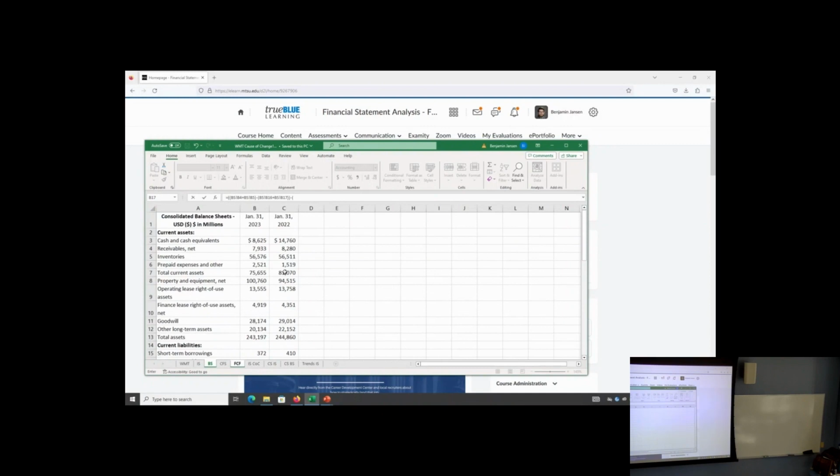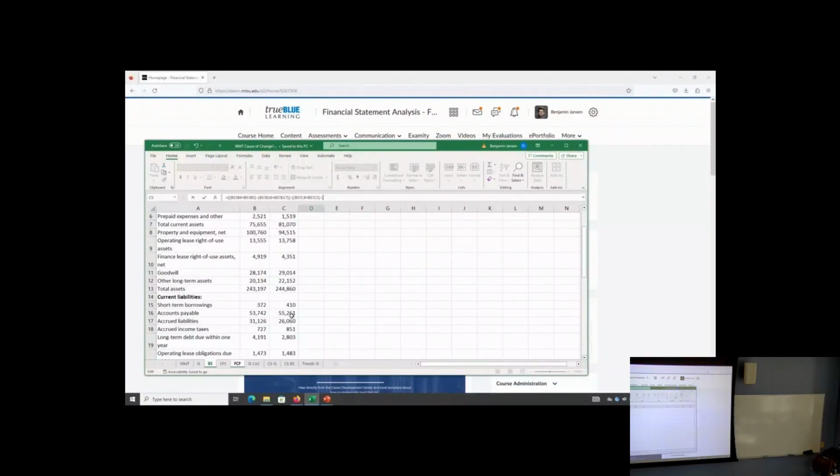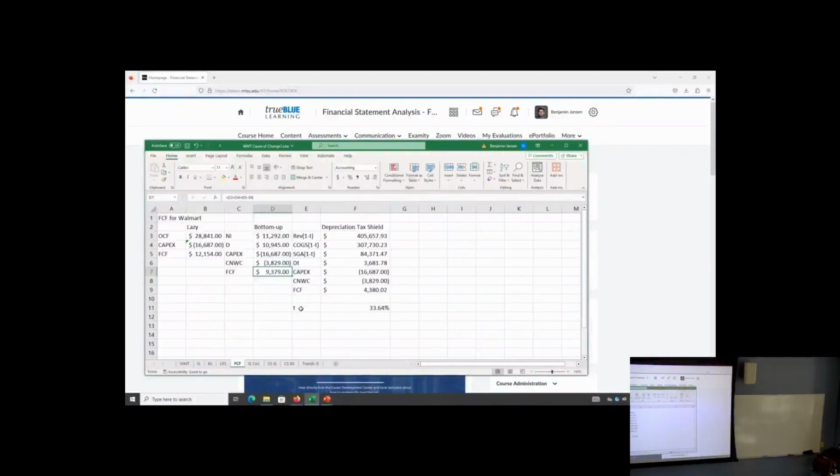Minus those same values in the previous year. So receivables, inventories, minus accounts payable and liabilities. All right, so that's going to get us to some different cash flows here.